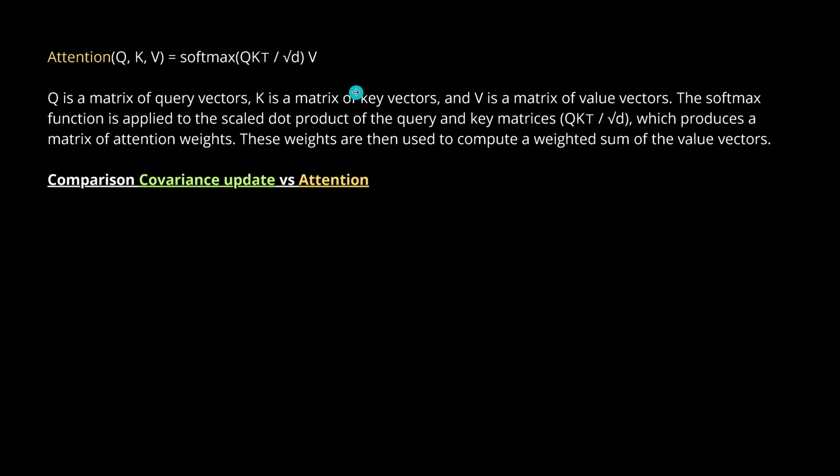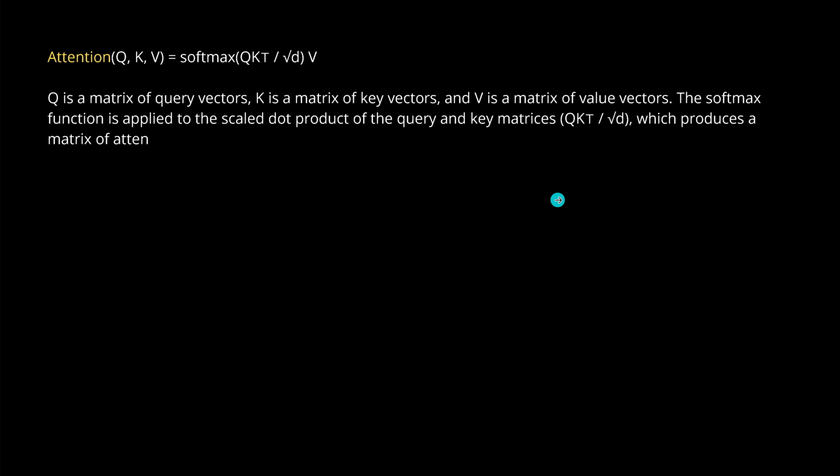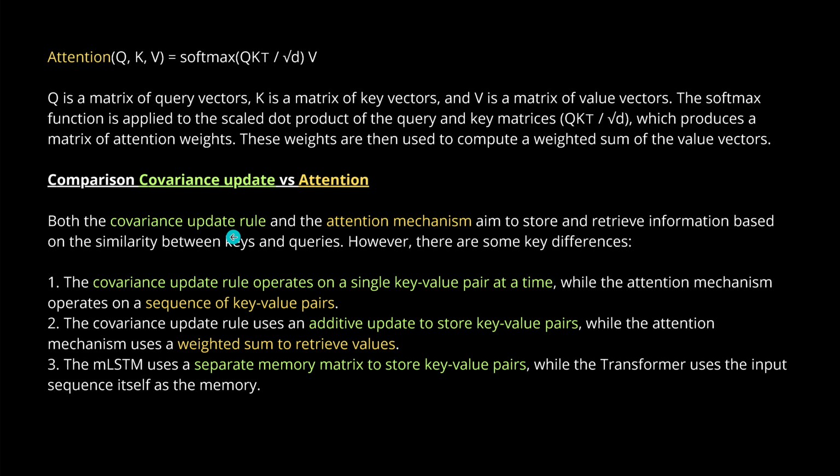Now, if you think about the attention a little more in detail and you want to compare it to the covariance update mechanism, I have three ideas about it. At first, the covariance update rule operates on a single key value pair at a time, while the attention mechanism in our transformer operates on a sequence of key value pairs. Second, the covariance update rule uses an additive update to store the new key value pairs that come in, while the attention mechanism uses a weighted sum to retrieve all the values.